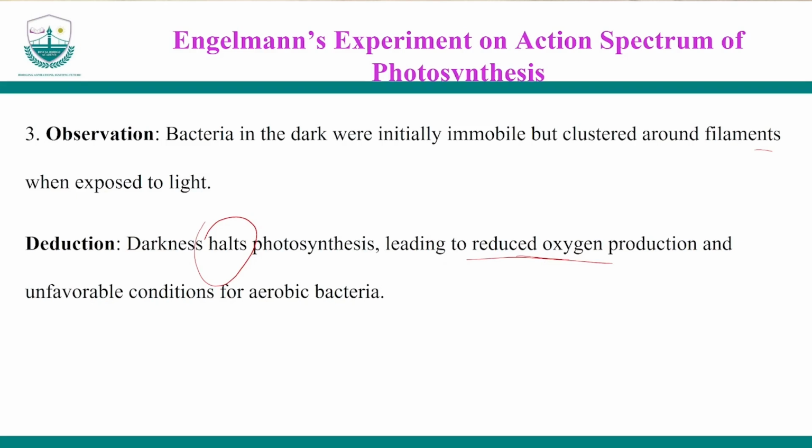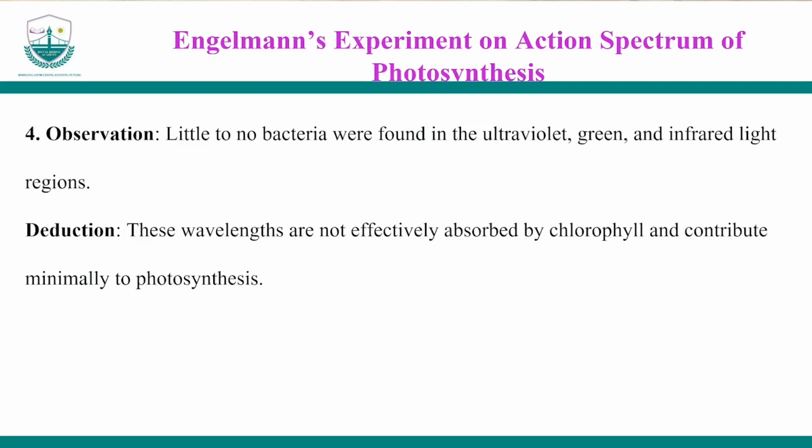And remember, the aerobic bacteria actually need oxygen for their function and activity. There was little to no bacteria found in ultraviolet, green, and infrared light regions. That means that these are not very important for photosynthesis. They are not absorbed by chlorophyll and do not contribute to the process.